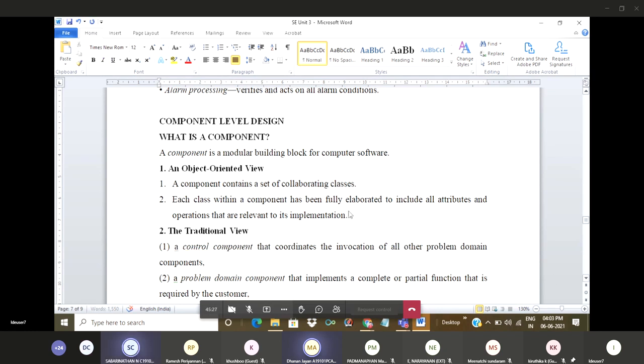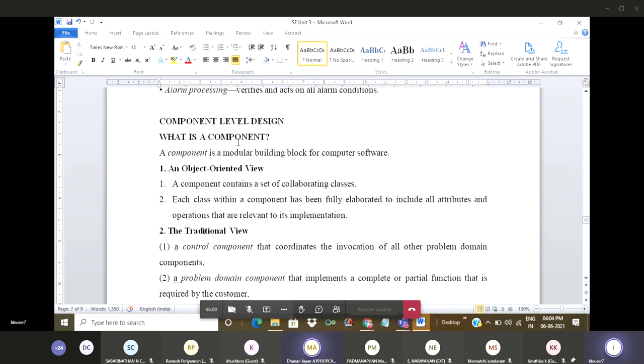The component levels have to be explained as they are. I'm just giving the exact definitions which are given in the book. There is no example for these and the object-oriented and traditional views. We just have to understand the concepts: what it means by component, and what the components available are.